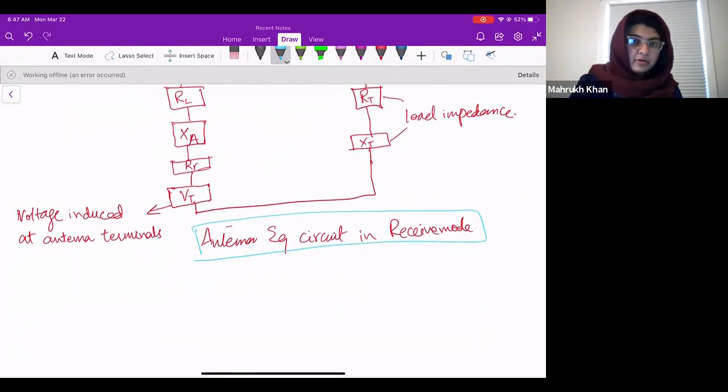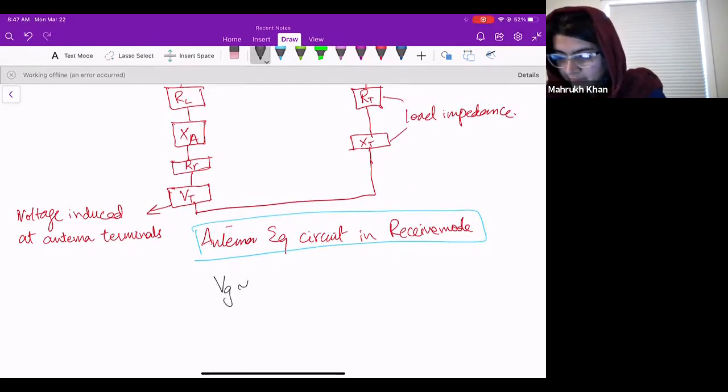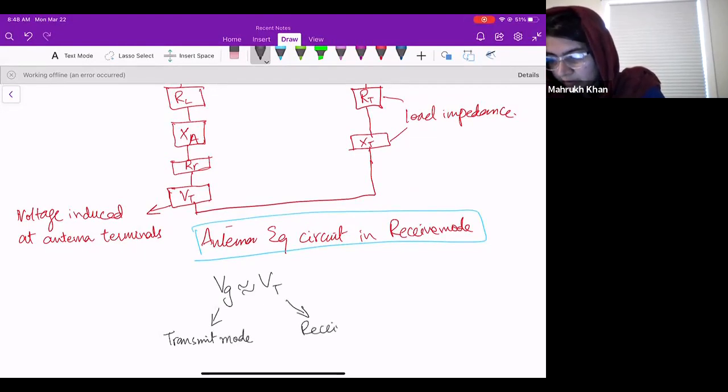Okay, so now when we are writing the power formulas, they all will remain the same except our representation will be changed. So we are saying that in this case, VG, the transmit mode VG, is equal to the receive mode induced voltage.